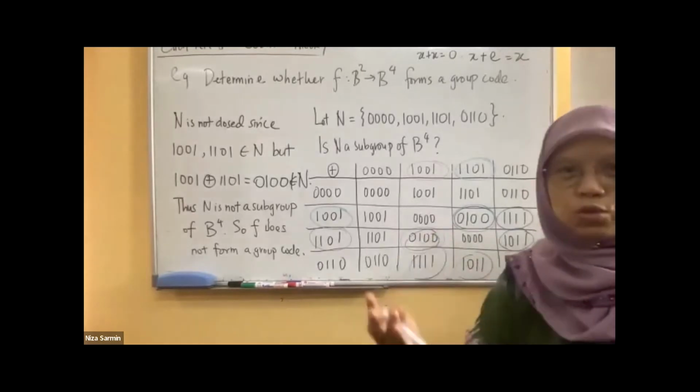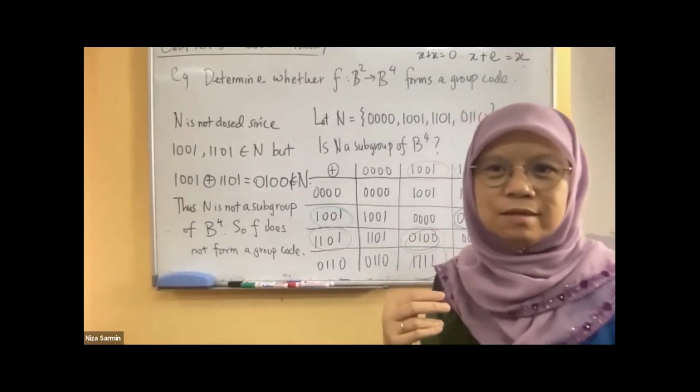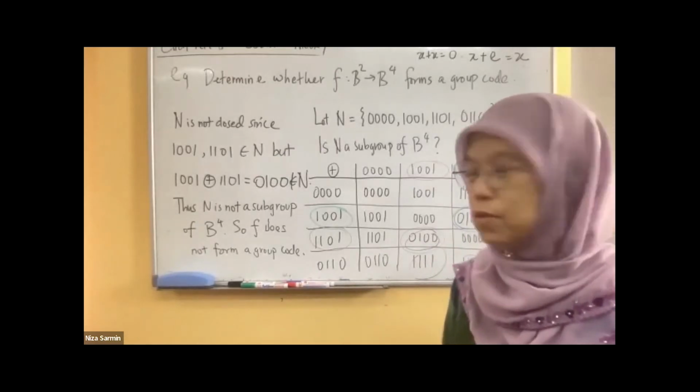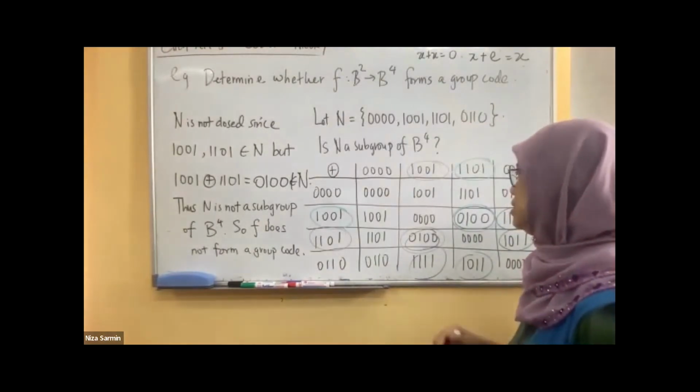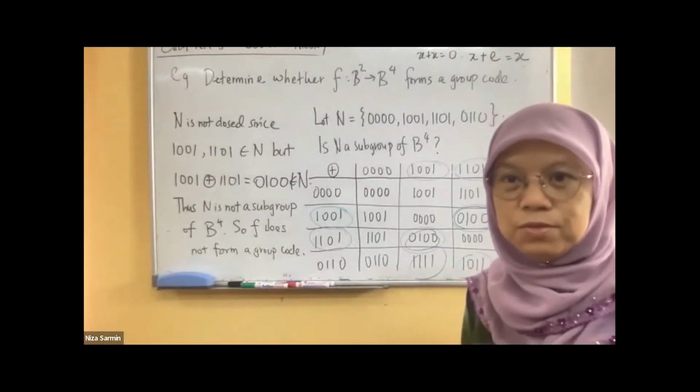Do I have to go and find the inverse? No, right? Because I already have one reason not to. If you ask about the inverse, yes, the inverse exists for this one.